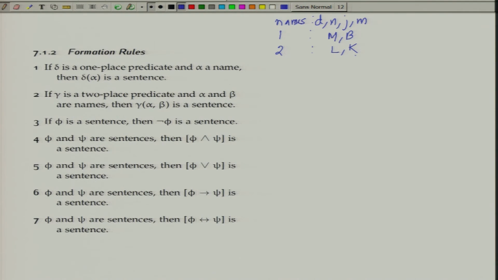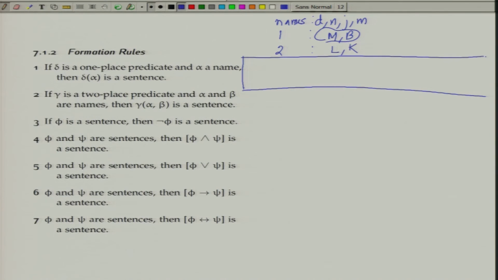Now, the first rule says if delta is a one place predicate, so delta must be choosing something from here, and alpha a name, then delta alpha is a sentence. So according to this, by following this rule, we can make things like, we can take M, which is a one place predicate, and a name, so we can have MD.